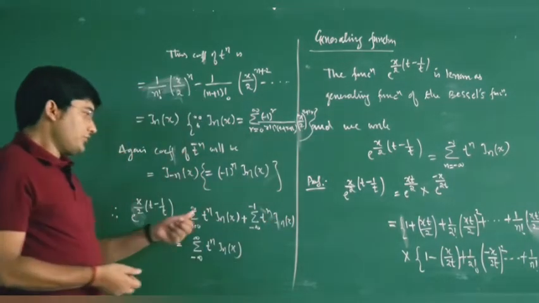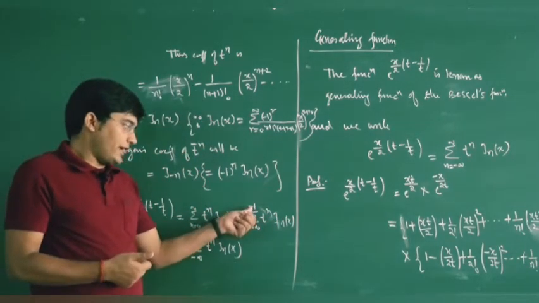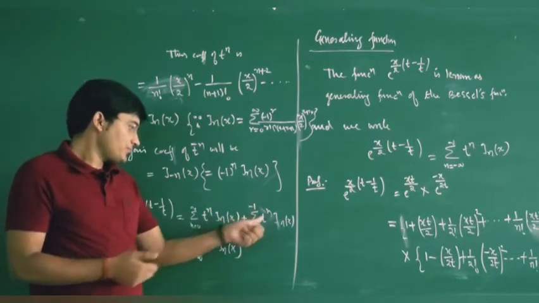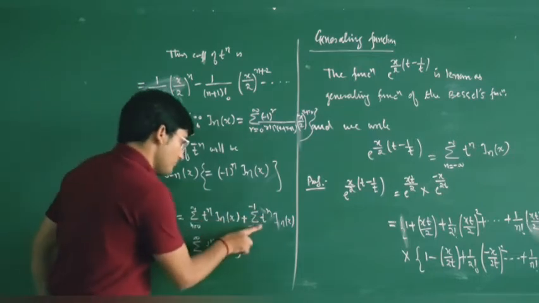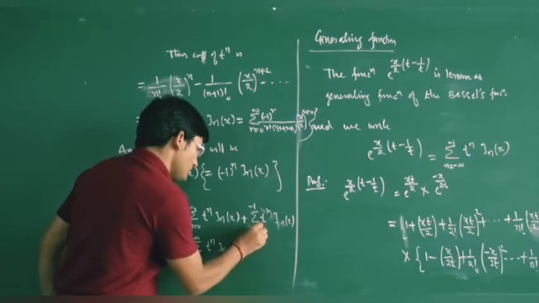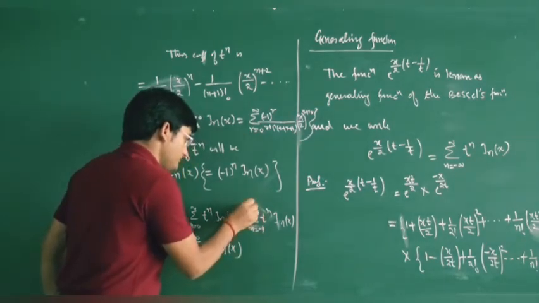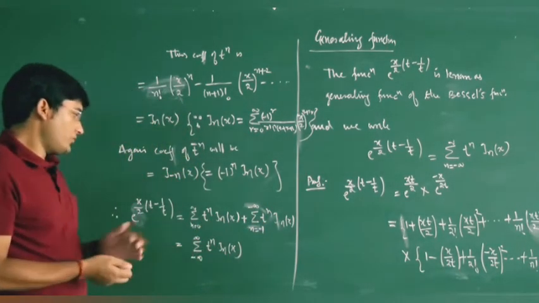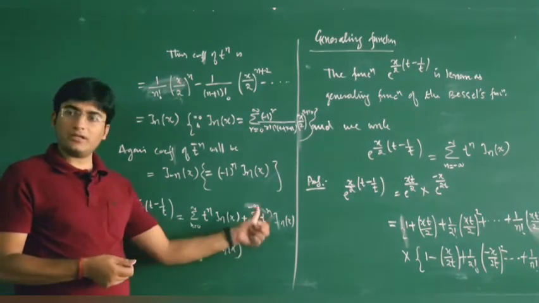Okay. Now if you put n equal to minus 1, just write it from n equal to minus 1 to minus infinity. So here we have positive values, and here we have the negative values.